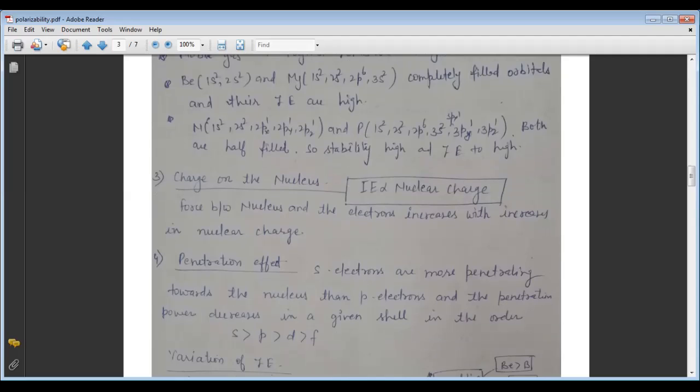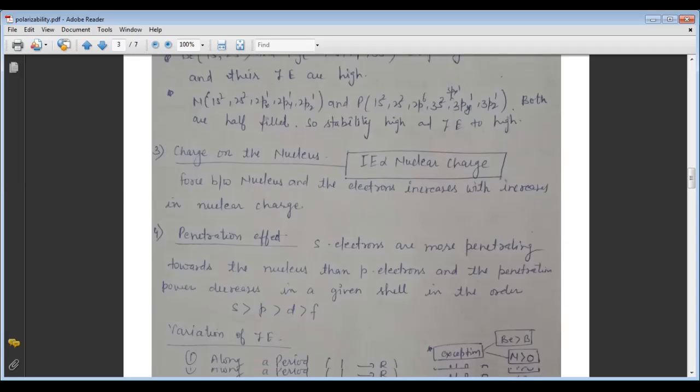Again, 3 electrons are present in the 3p orbital. As we know, the maximum number of electrons in a p orbital is 6, so with only 3 electrons the p orbital is half filled. As a half-filled orbital, the stability is high, and the ionization energy is also high.